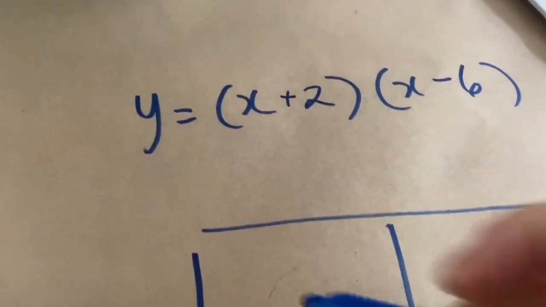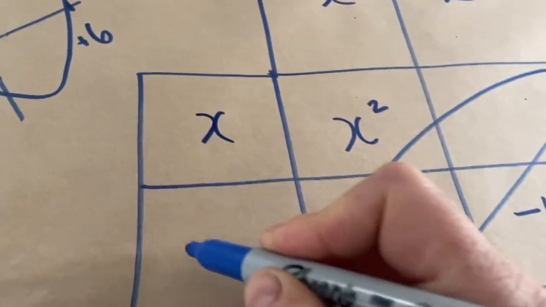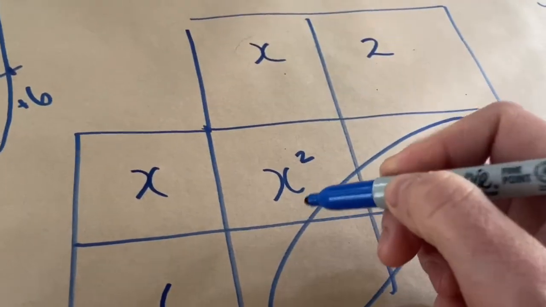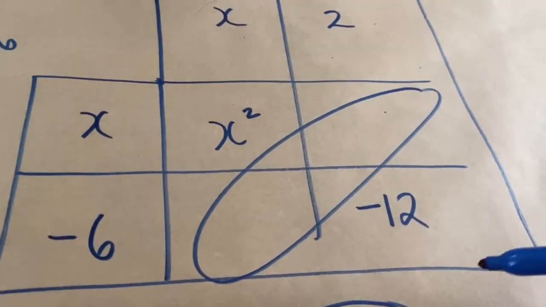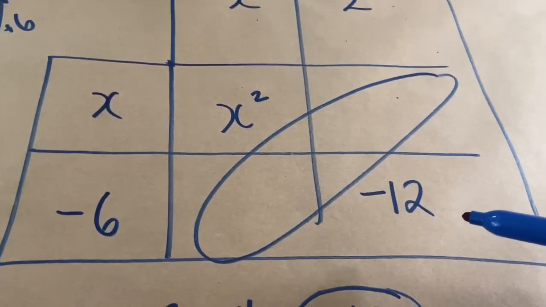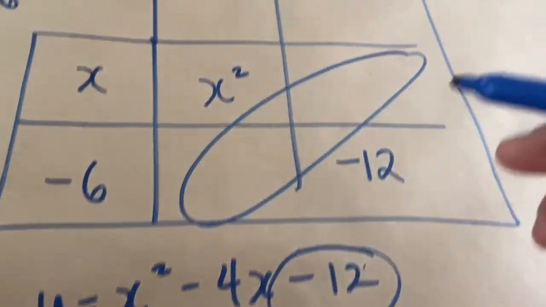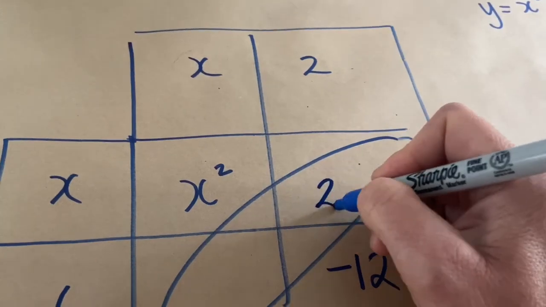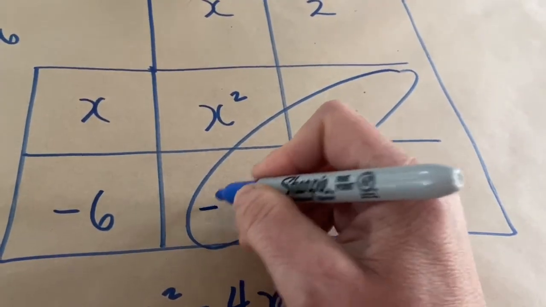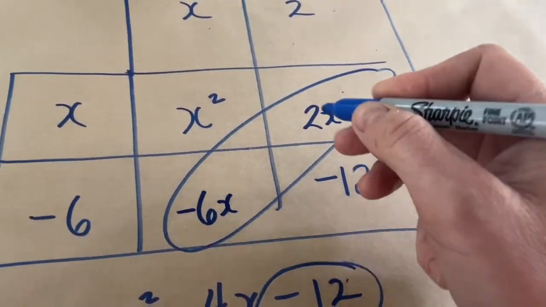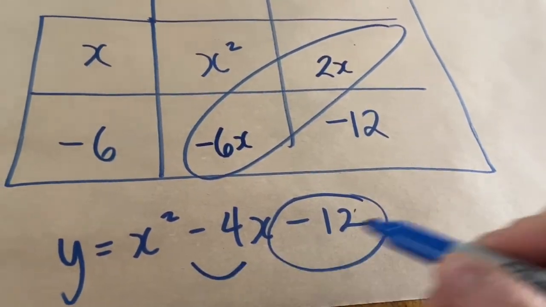So let's use our equation, x plus 2, x minus 6. x times x is x squared, 2 times negative 6 is negative 12. And now let's make sure that when I combine these two, it gives me the minus 4 like I want. So I have 2x, I have minus 6x, 2x minus 6x gives me minus 4x.